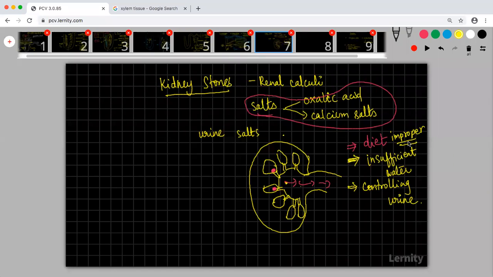Say for example, cabbage, gobi, cauliflower, broccoli, all those things will have these oxalate salts. You can eat once in a while. Once in a while means like what? Say weekly once you can eat one of these things. But if daily you're eating too much of it, then it is going to be a problem.